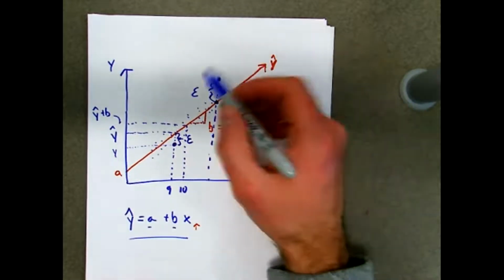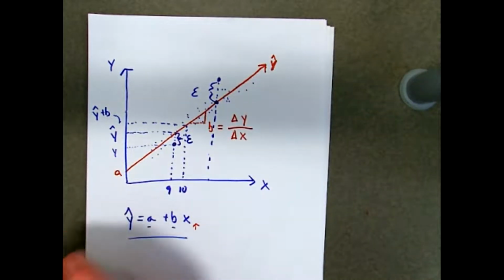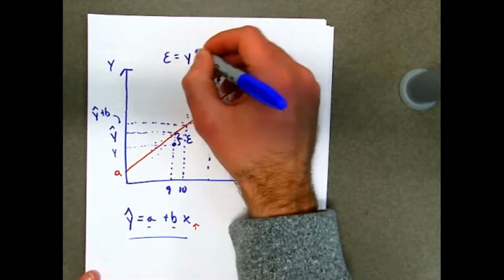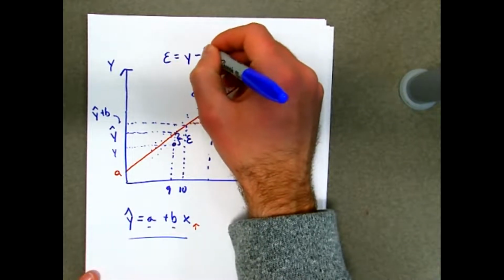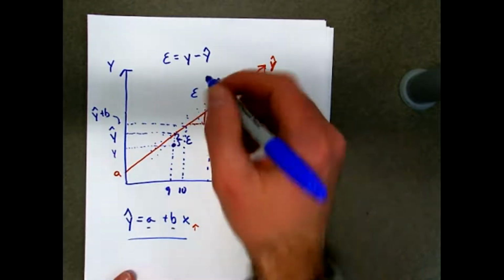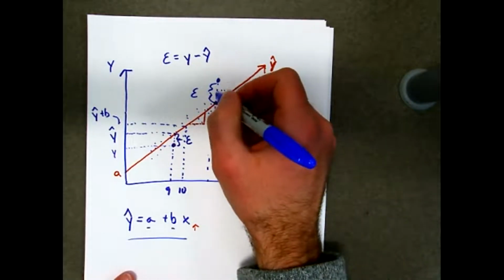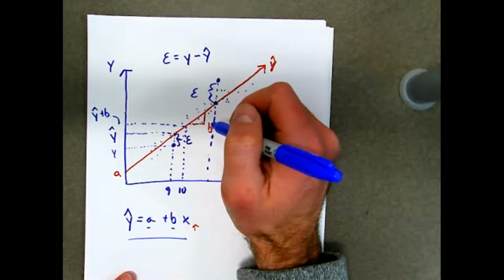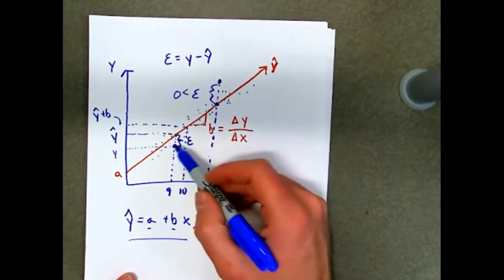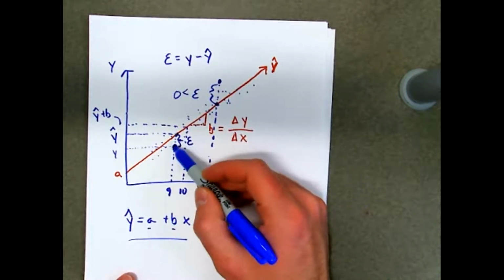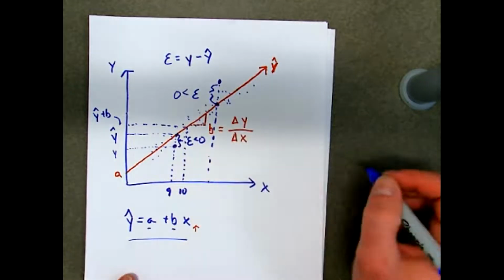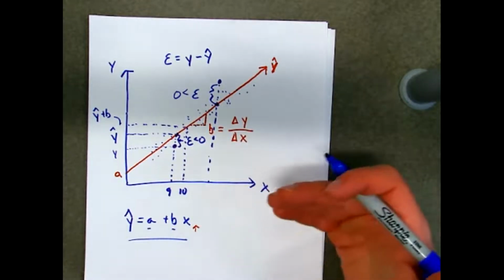So my error term, or what I'm writing as this epsilon, is basically just going to be the difference between my actual Y and my predicted Y. So here you can kind of see my predicted Y is less than the actual Y, right? So my error term would be positive. Here my predicted Y is greater than my actual Y, so that would make it negative. Right? So I can make errors in both directions.